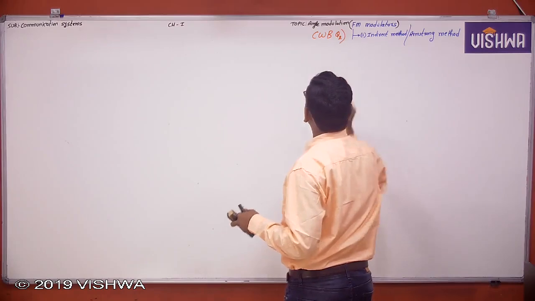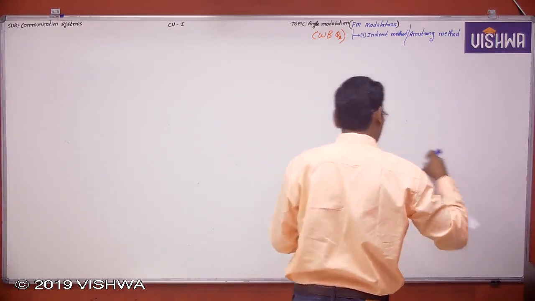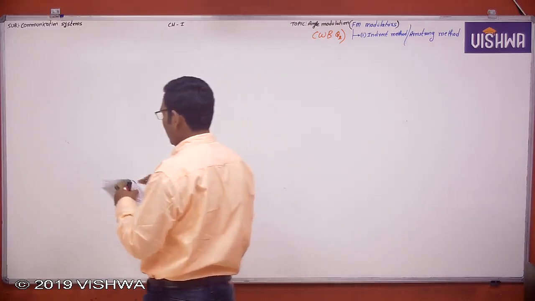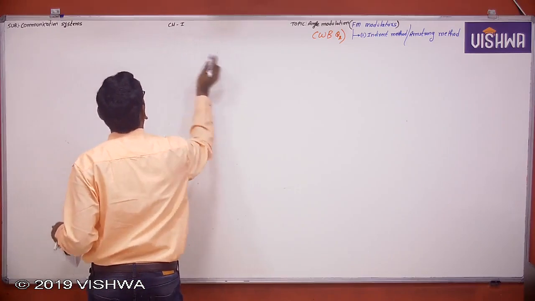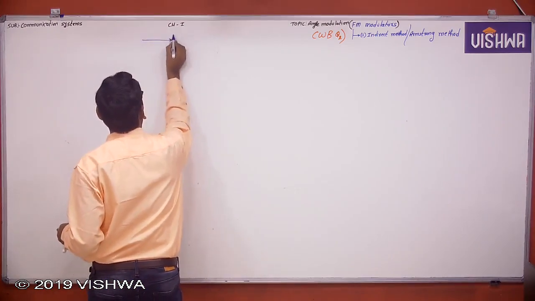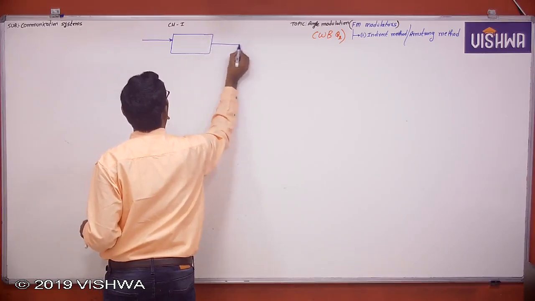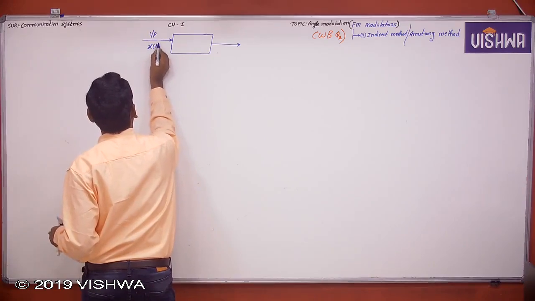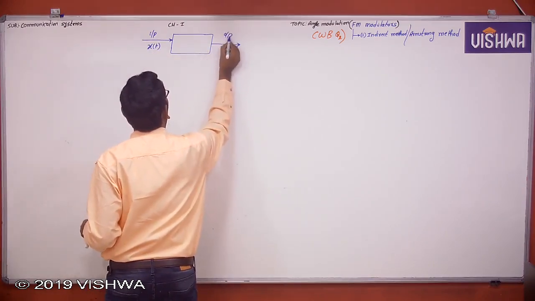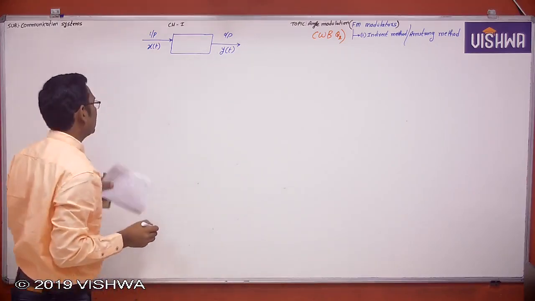Okay. Now this is question number 2. What is question number 2 in the indirect method topic? A device with input x of t and output y of t is characterized by y of t equal to x square of t.